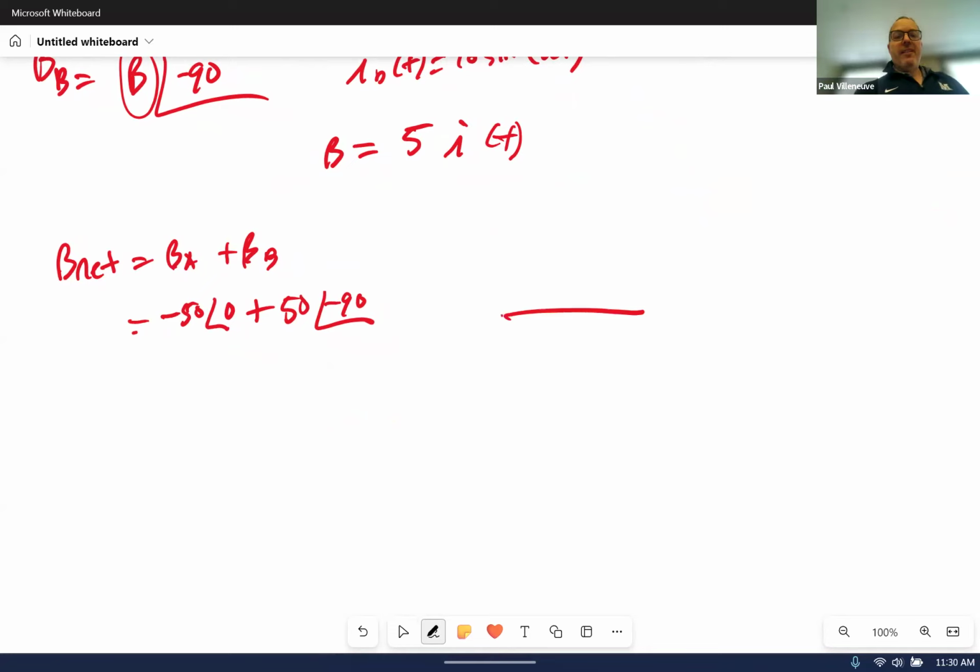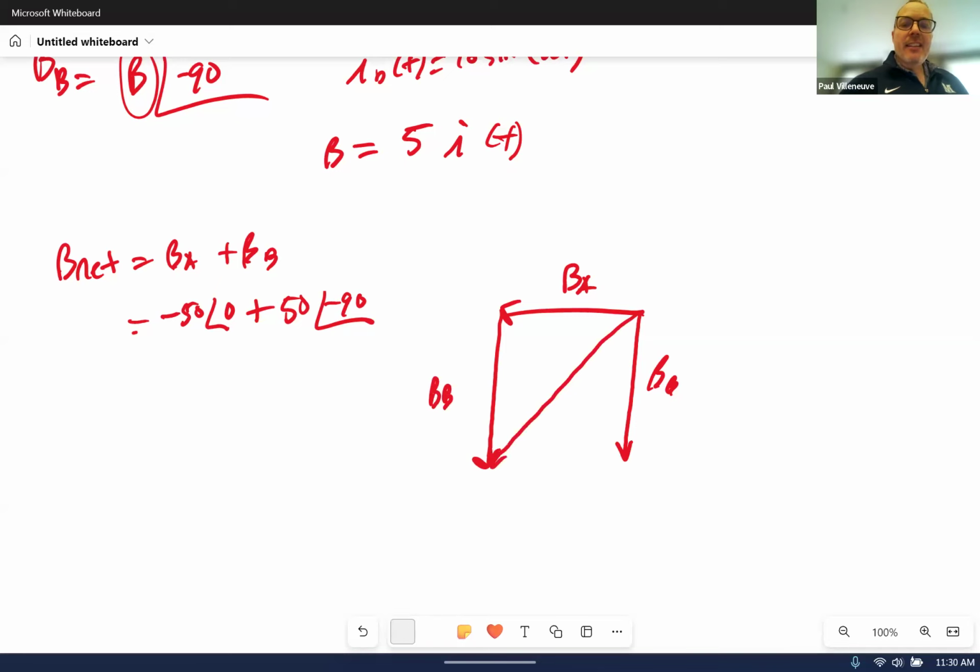So that vector is here. This is B sub A. And then B sub B is at minus 90 over here, right? When I add them together, this is B sub B, and then the net is over here, adding them vectorially.